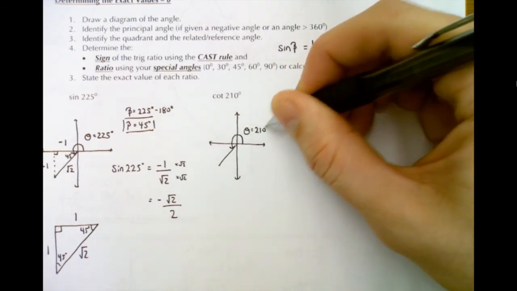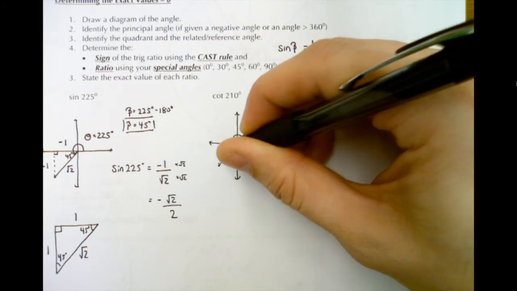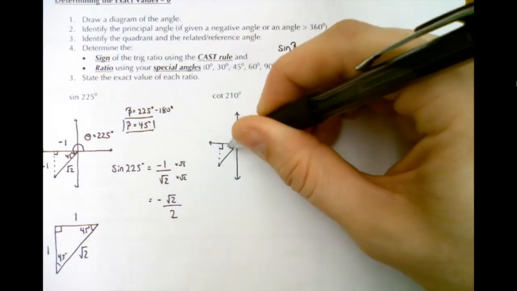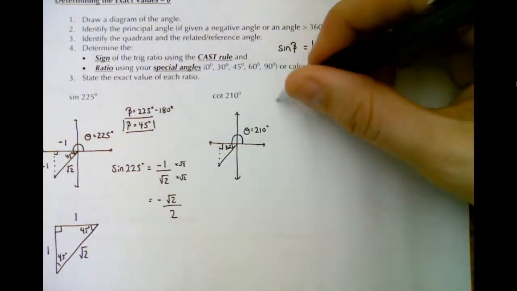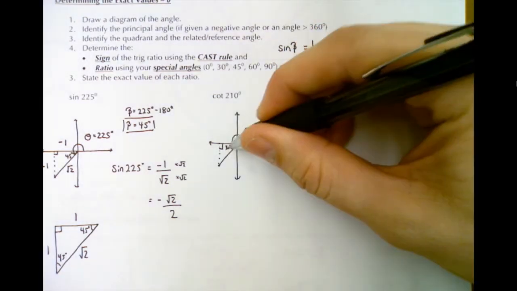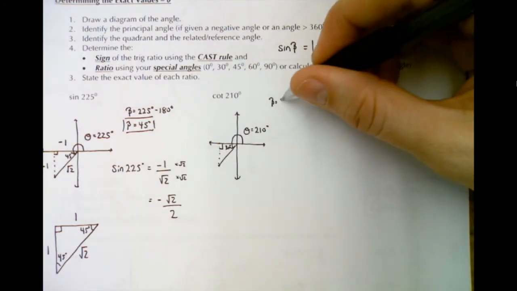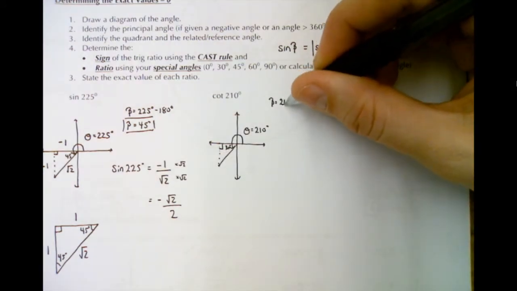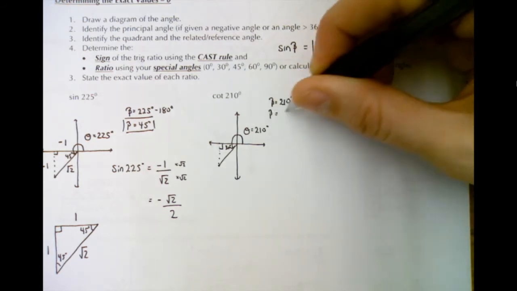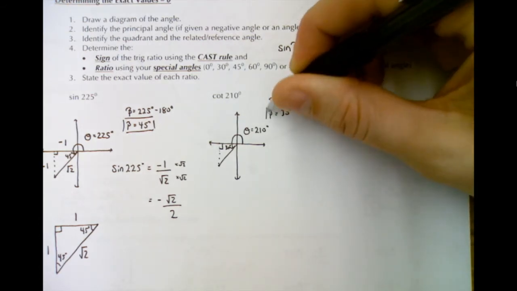Well, maybe we're starting to get good at this. I don't know. But we're over 180 degrees by 30 degrees. So the special triangle in this case would be the 30, 60, 90 special triangle. Beta would be 210 minus 180. That's how we get our 30.